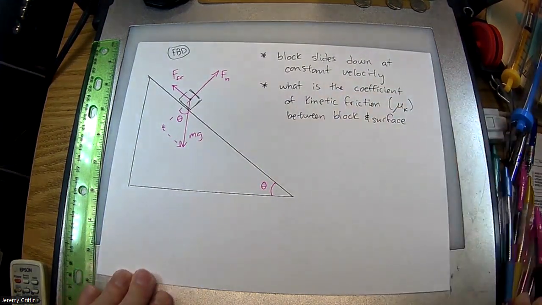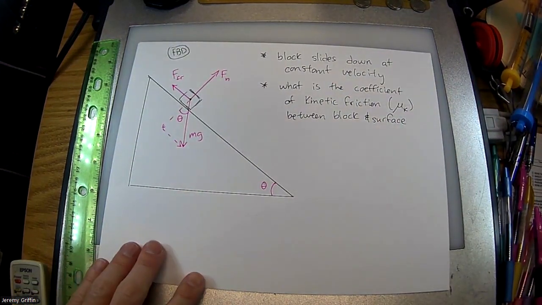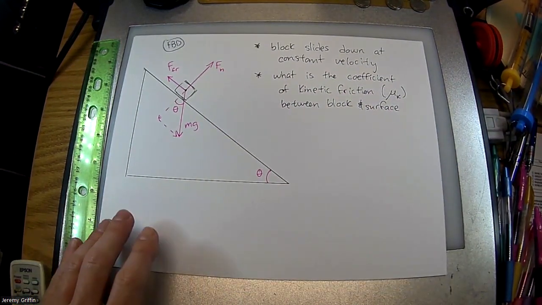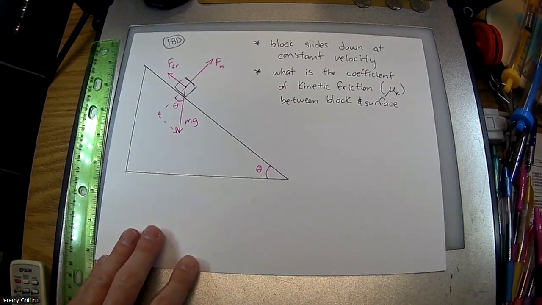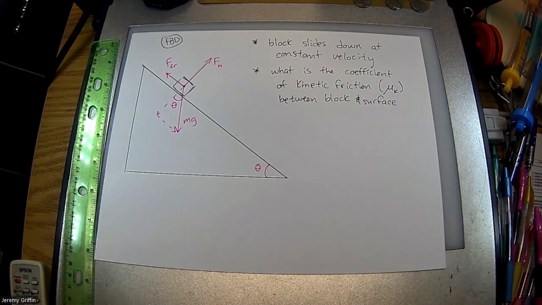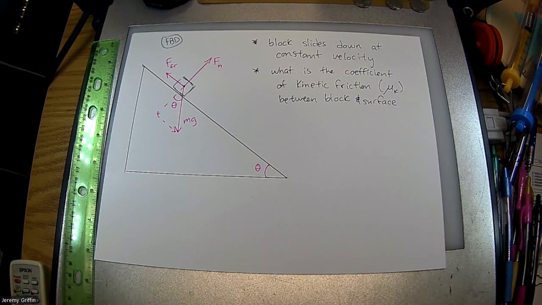Maybe the block's made out of aluminum and the surface is made out of steel, some material property. Come up with an expression in terms of variables, kind of like the last one we did. Say mu k equals what?